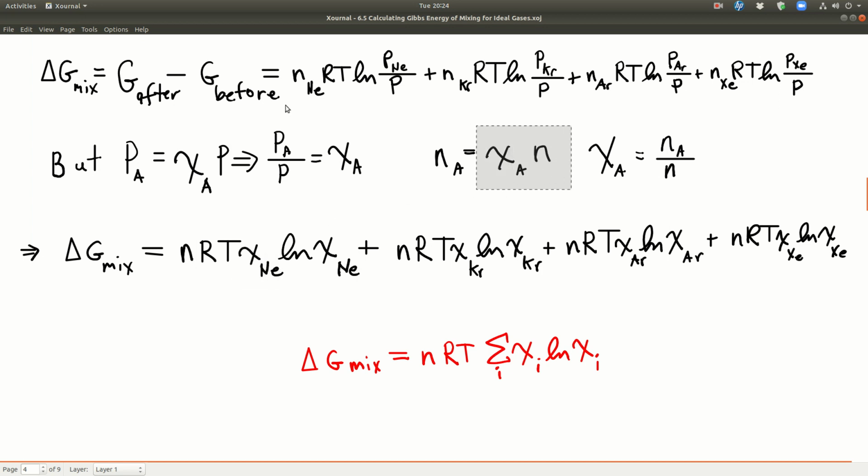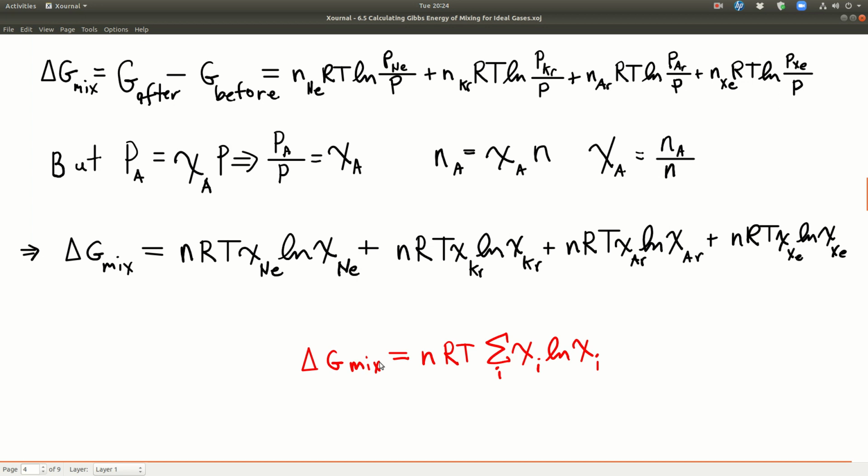So that's what we did. We replaced the moles of helium, that's not helium, that's neon, with the total moles times the mole fraction of neon. Likewise, we replace the ratio of the partial pressure to the total pressure by the mole fraction. And we get this equation right here. And we can simplify this, and now we have a useful equation.